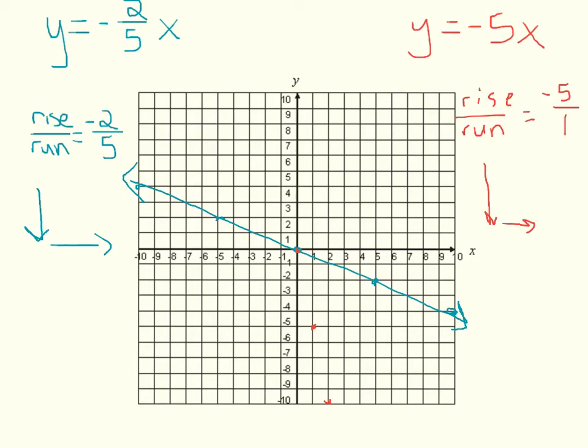And if you go backwards, you have to go up 5, left 1. Up 5, left 1. Connect and you have your straight line. And then if you think from left to right, you're going downhill on both of these, which makes sense because they're both negative.